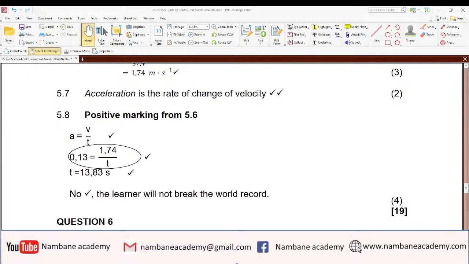Now let's start at 5.8. The learner's average acceleration in 100-meter race is equal to 0.13 meters per second squared. Determine by calculation if the learner will break the current world record of 9.558 seconds set by Usain Bolt in 2009.